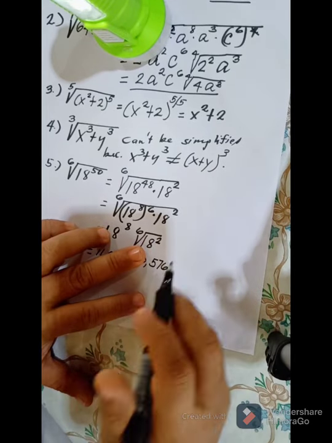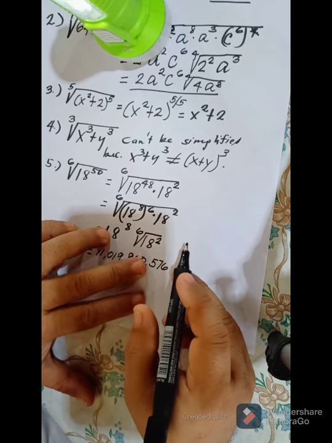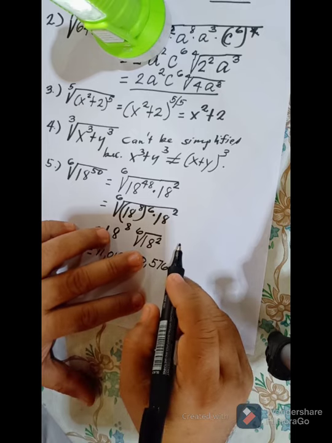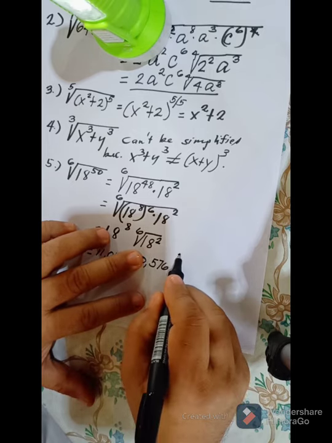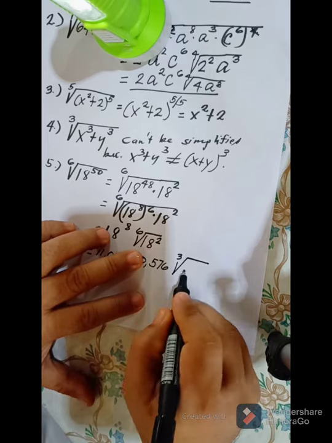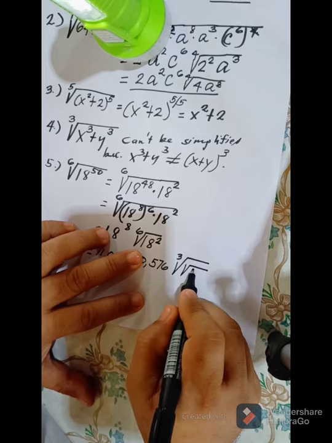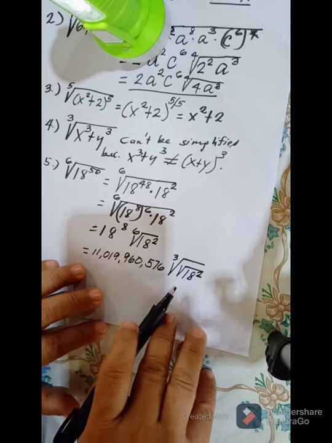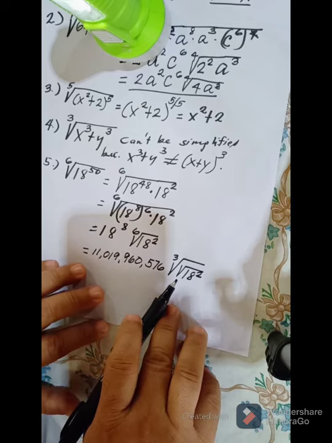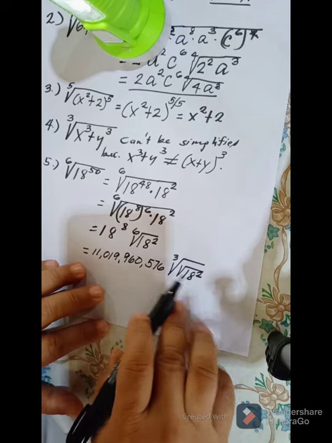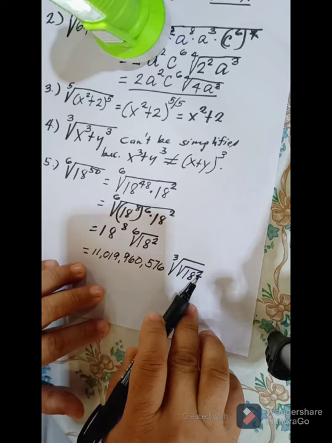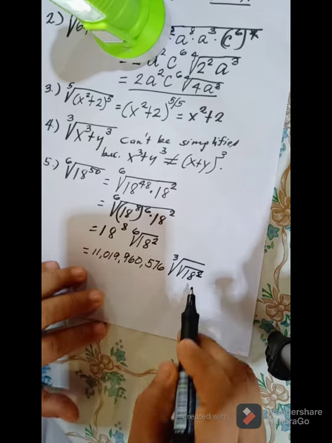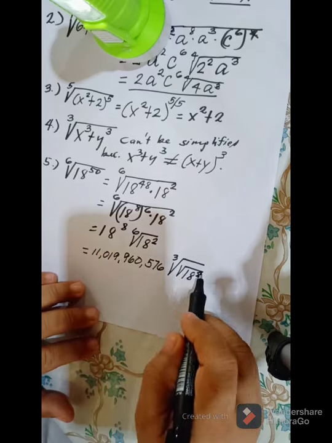However, we apply the laws on simplifying radicals, so this may be rewritten as the cube root of the square root of 18 squared. The index of 18 squared is understood to be 2, equal to the exponent. So we cancel this one and remove this radical sign inside.